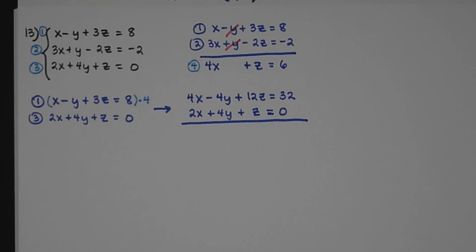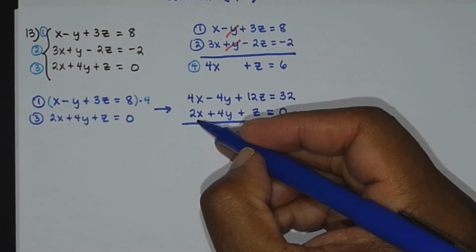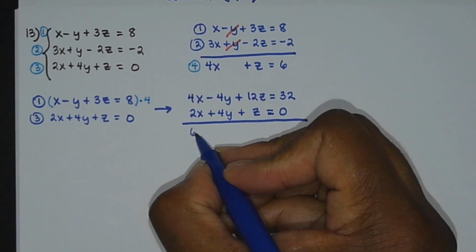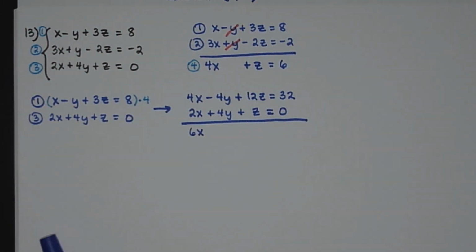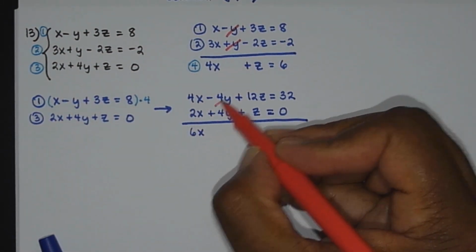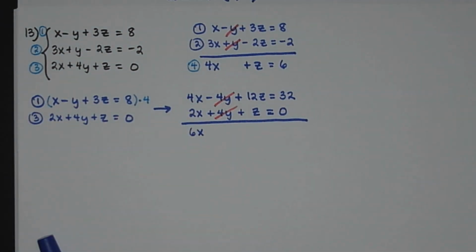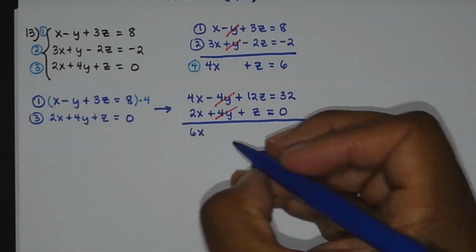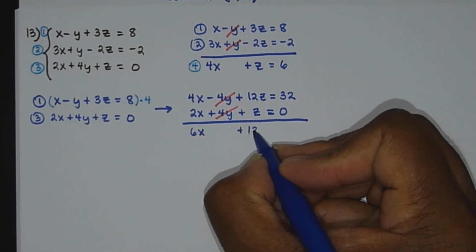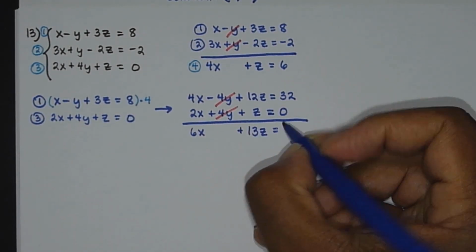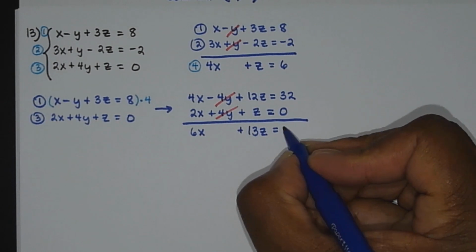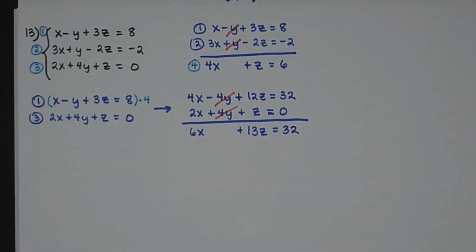Now, when I add those two equations together, 2x and 4x will give me 6x, minus 4y and the plus 4y add to 0. They're gone. 12z plus a 1z will be 13z, and that's equal to 32 plus 0, 32.